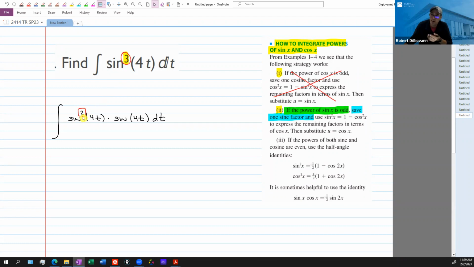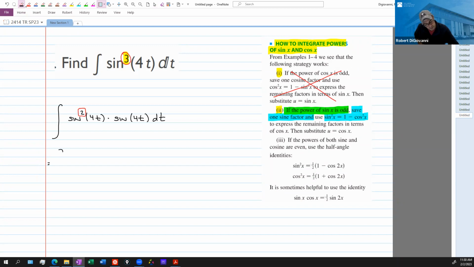The reason that's important is because the next step says to use the good old Pythagorean identity from pre-cal, that sine squared x equals 1 minus cosine squared x. So anywhere you see a sine squared of something, you can turn it into 1 minus cosine squared. So watch what I do.